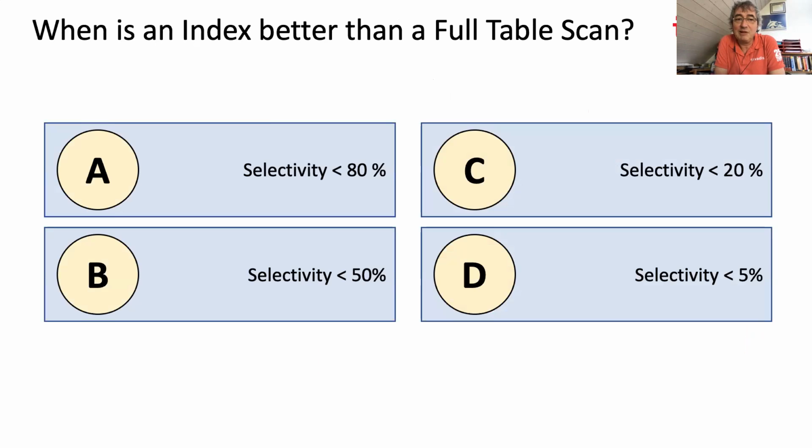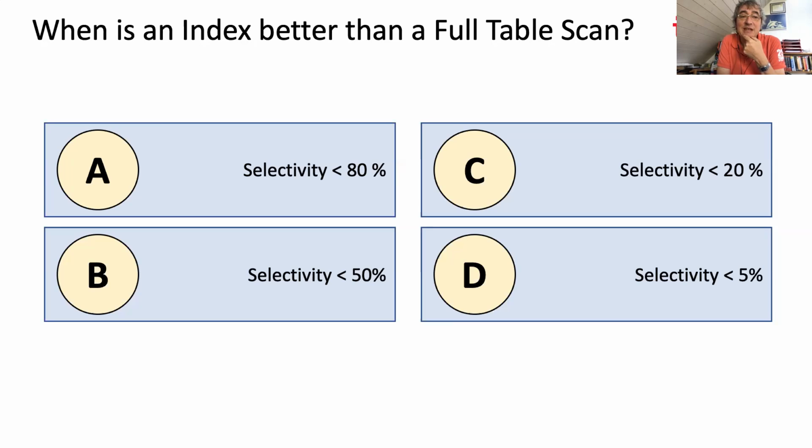I ask the people, just as a rule of thumb, where is this border between full table scan and the index scan? And here I have 4 different answers. So an index scan is better if we have less than 80% of the data, 50%, 20%, or 5% of the data.